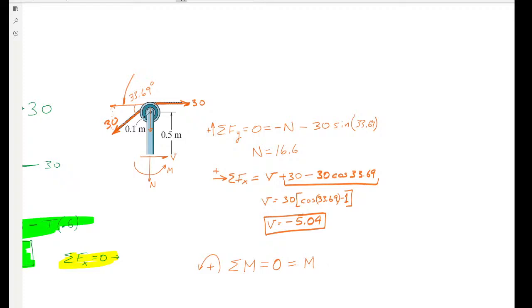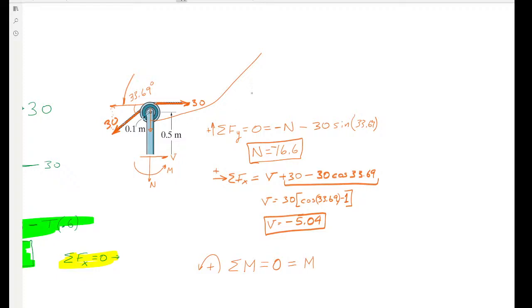Now, this component coming down at me creates the normal force that actually is going in the reverse direction. So I should have had a minus sign in the middle of there, but it does not create a moment.